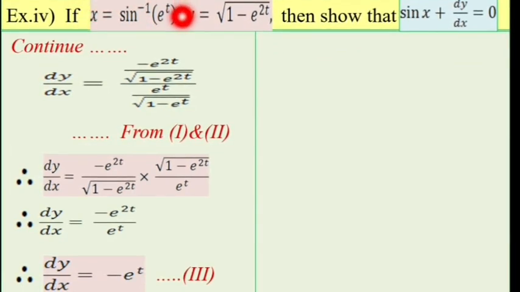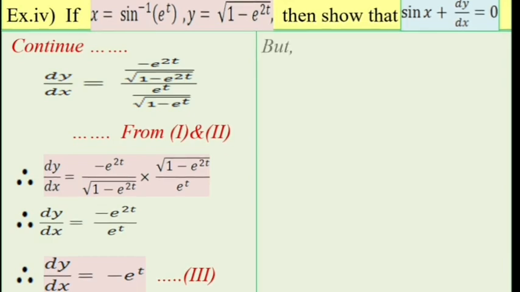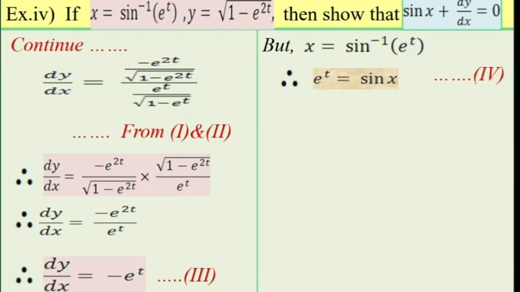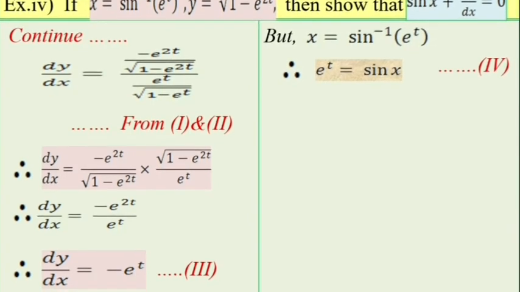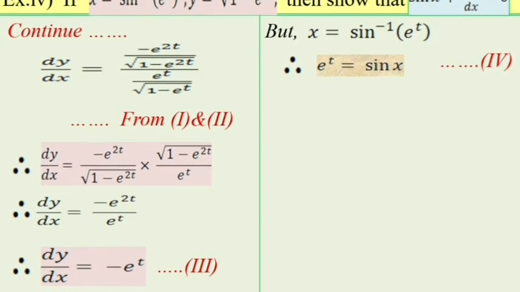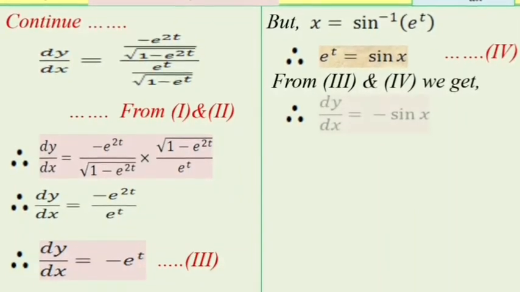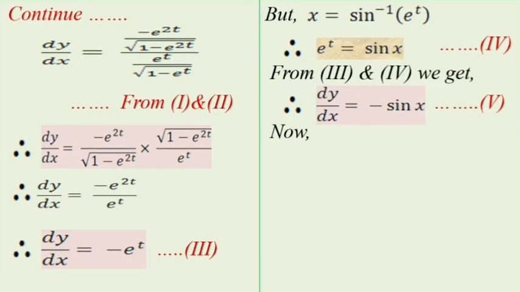From this we get the value of e raised to t: e raised to t equal to sin of x, and that is equation number 4. Now from equations 3 and 4 we can get dy by dx equal to minus sin x. That is equation 5.